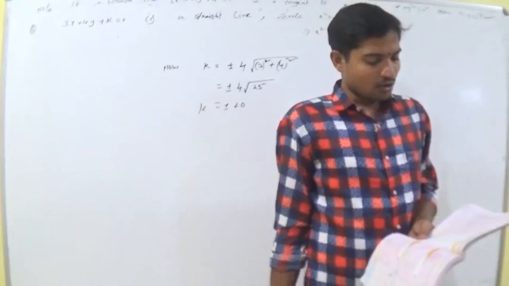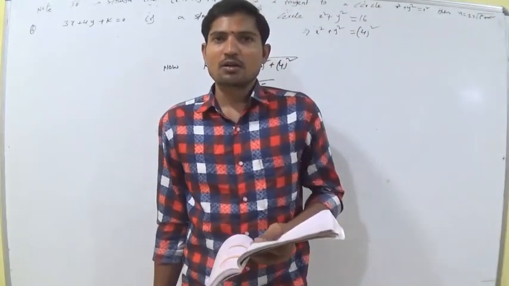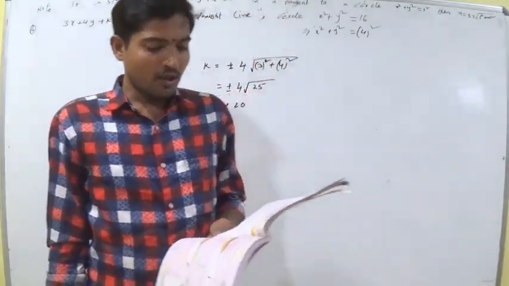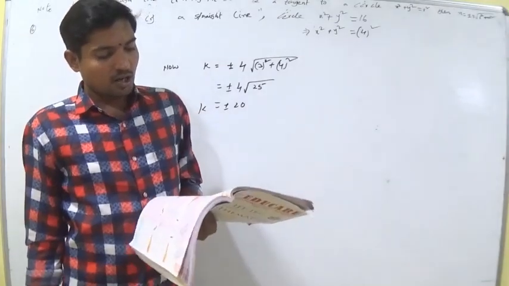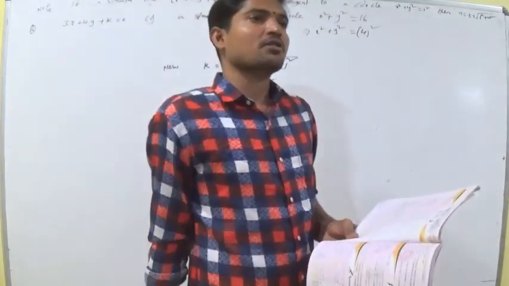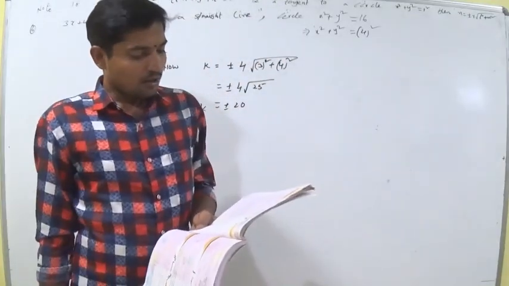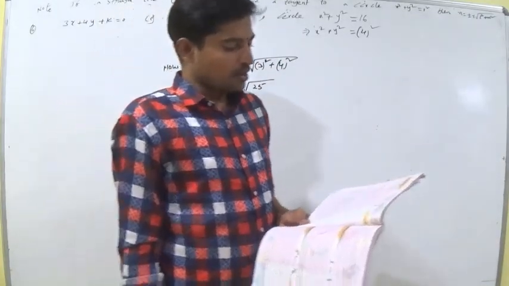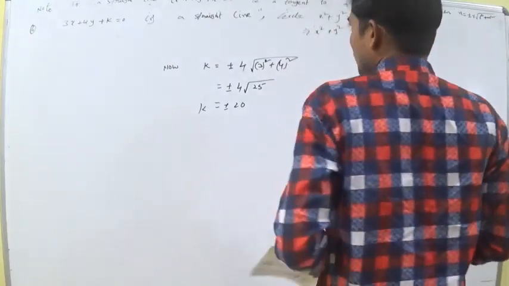The parametric equation of a circle x minus h whole square plus y minus k whole square equal to r square, having theta as parameter, is x equal to h plus r cos theta and y equal to k plus r sin theta. We have to discuss this.